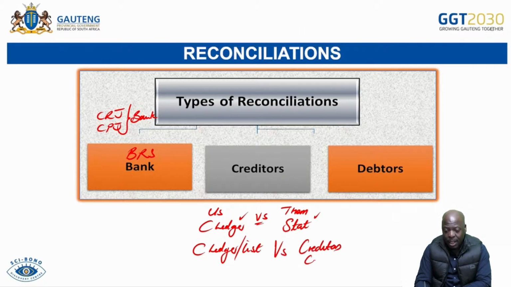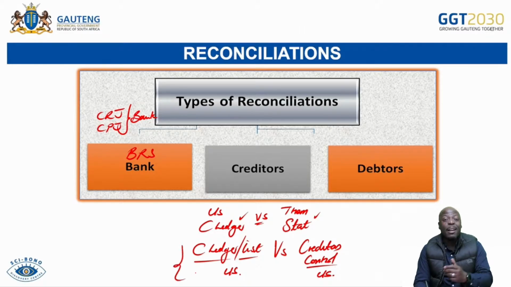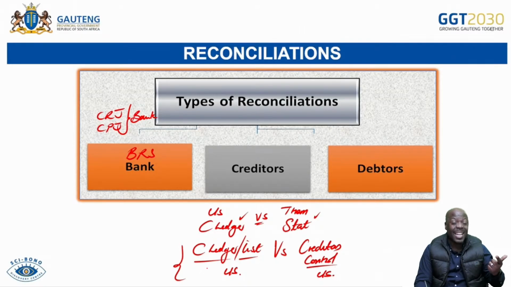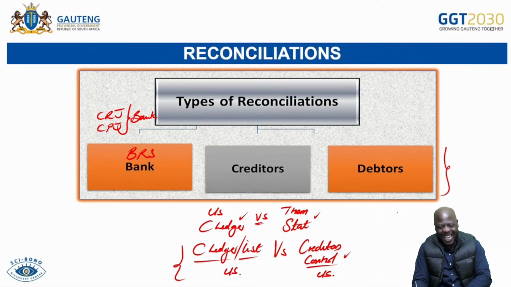Now, the thing about this type of reconciliation is that the creditors list is prepared by us, and then the creditors control is also prepared by us. So now we're going to look at errors and omissions which were done by us in the preparation of the creditors list as well as the creditors control. And then in today's class, I'm also going to look at the debtors reconciliation and the debtors age analysis.